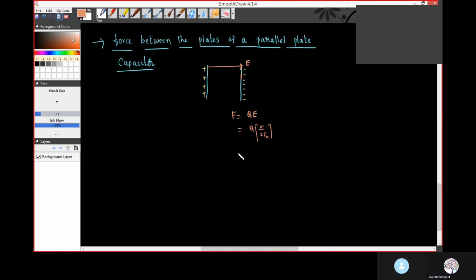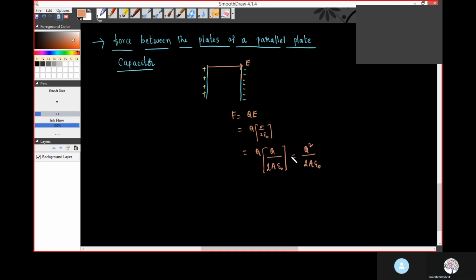So that is equal to Q into sigma, which is Q by A. Here the 2 is there, the 2 I wrote here. Q into Q will get Q square by 2A epsilon naught.